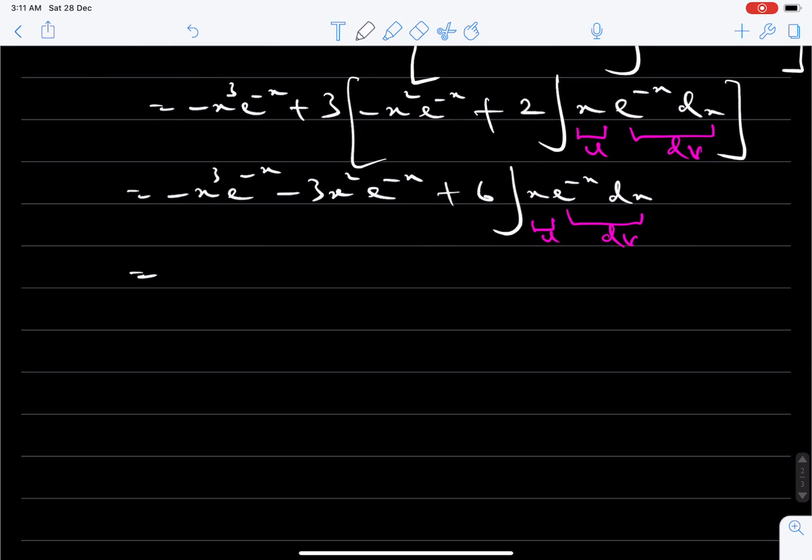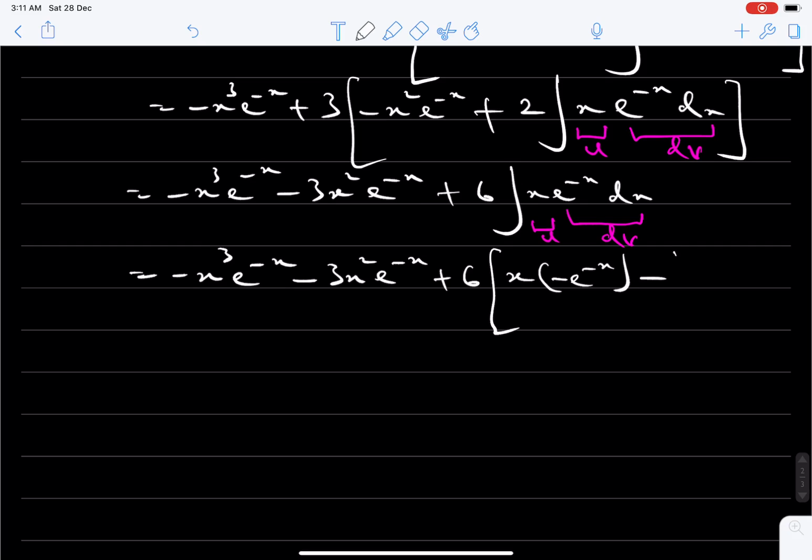Which means minus x cubed e raised to power minus x minus 3x squared e raised to power minus x plus 6 times u, which is x, v, which is minus e raised to power minus x, minus the integral of v, which is minus e raised to power minus x, du, which is dx.